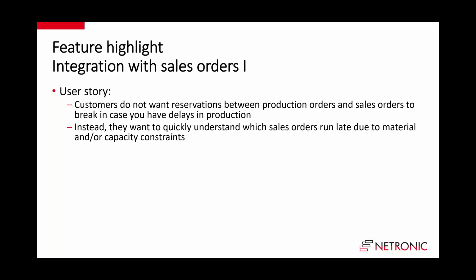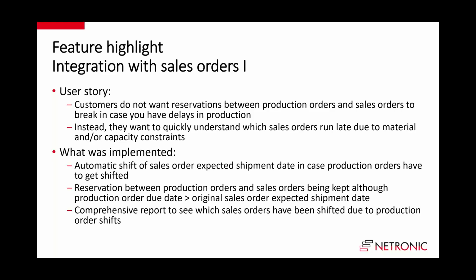So instead of always doing this manual work, I've spoken to many customers who say, okay, we have to accept that we have delays in production, but we don't want to lose the reservation. And even more, we want to keep track of those sales orders where we run late due to whatever material or capacity constraints, and we want to quickly see them.